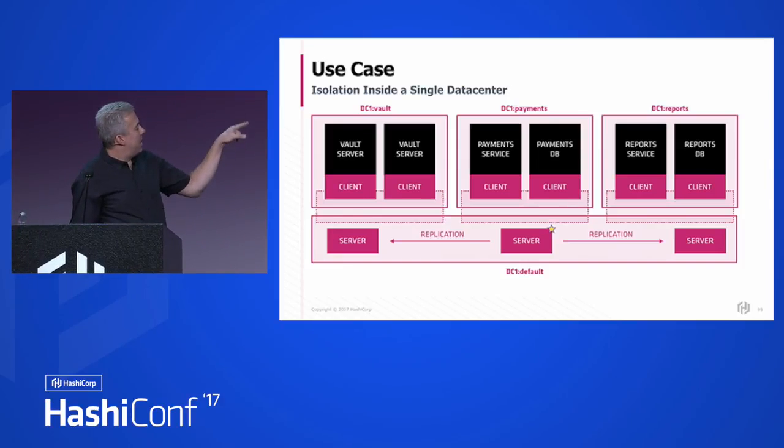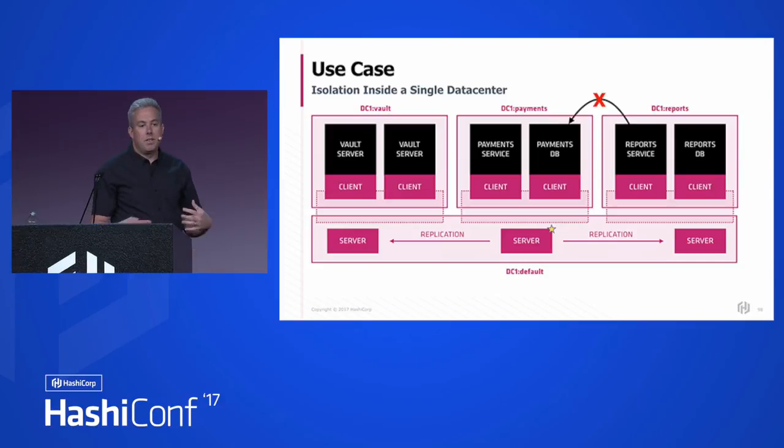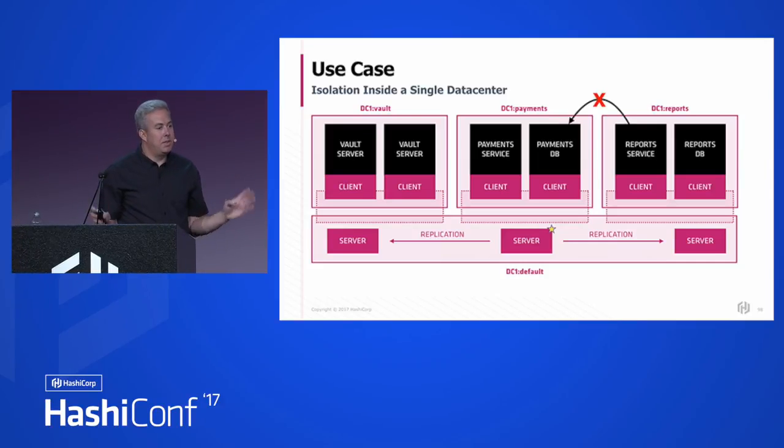Each segment has to have a relationship with the servers, but between the segments, they don't interoperate. So maybe my network rules allow just the traffic to Vault, so they can both use Vault, but it doesn't allow any other traffic on any other ports between those segments. And none of the gossip has to be flowing between those segments. So each of those 3 and the servers are in independent gossip pools.